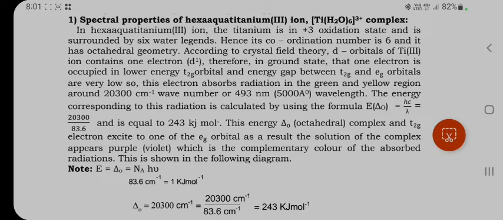According to the crystal field theory, the d orbitals of the titanium ion contain 1 electron. That is, 1 electron will be present in the d orbital of the titanium.